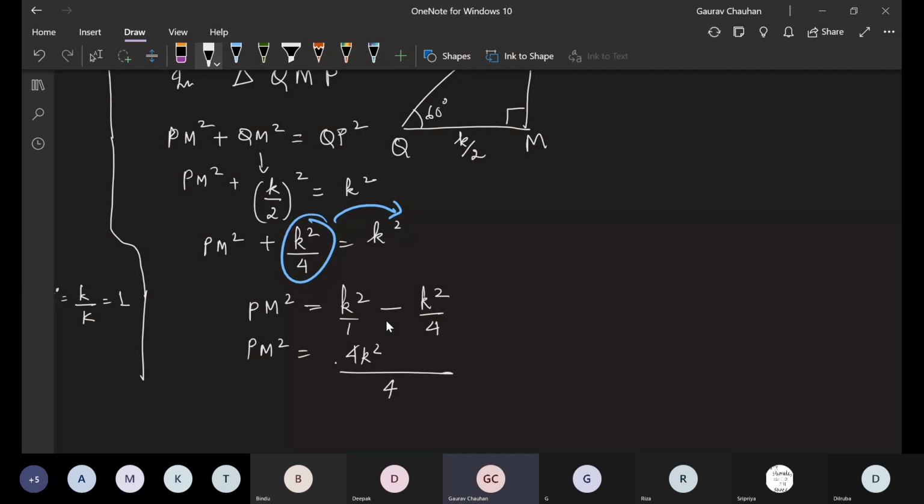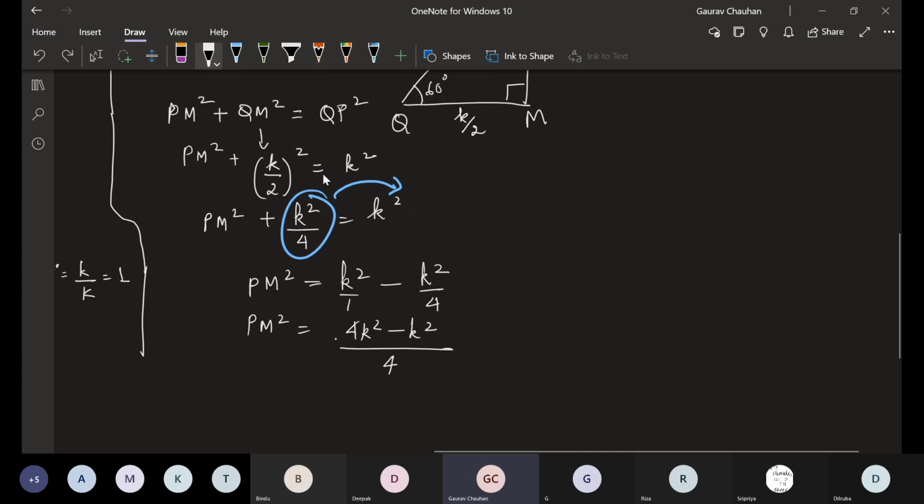Tell me fully, the numerator, you tell me fully. 4k square minus k square. Everyone okay with this? He took k square as a separate term. What he's doing is taking LCM and multiplying so that we get a common denominator so that we can subtract the numerators.